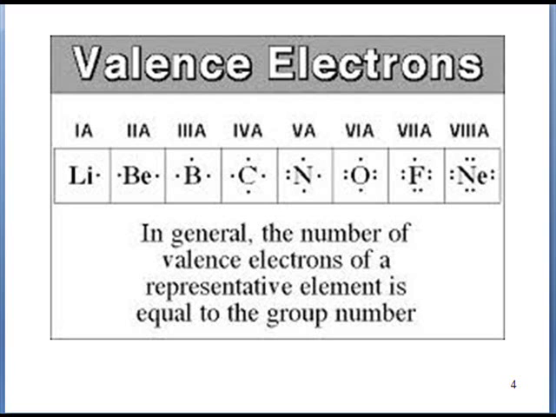Beryllium has 2, oxygen, as we've seen, has 6 electrons in the outermost, and finally neon has a total of 8 electrons in the outermost. Again, to stress it, for neon, the total number of electrons is 10 because there are 10 protons, but the number in the valence shell is 8.